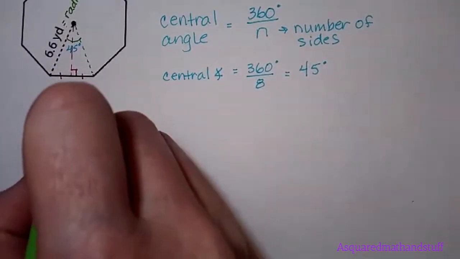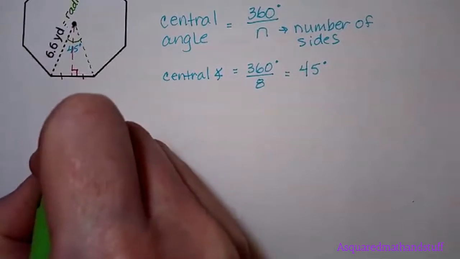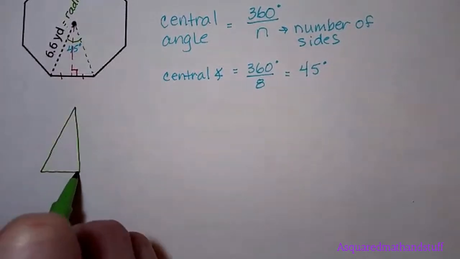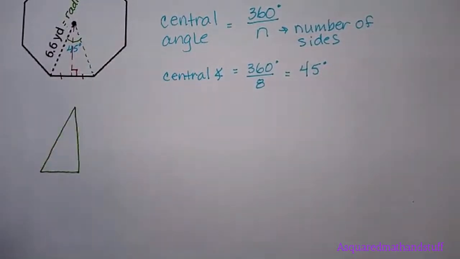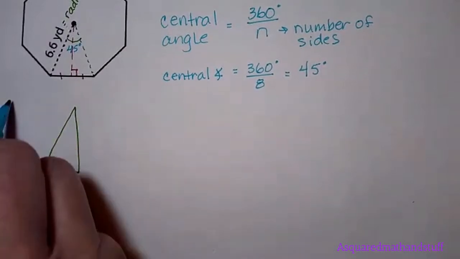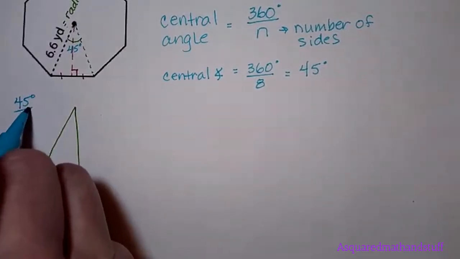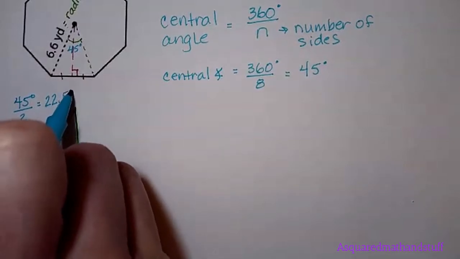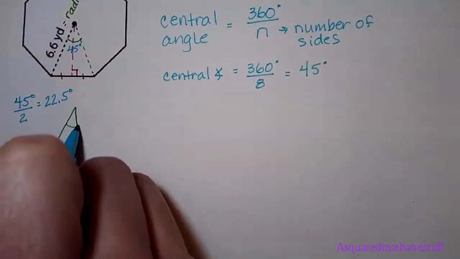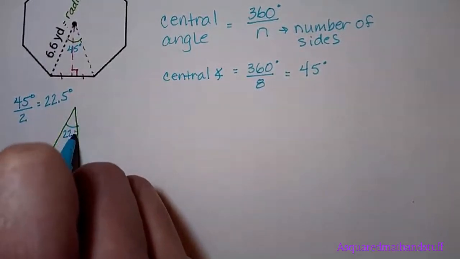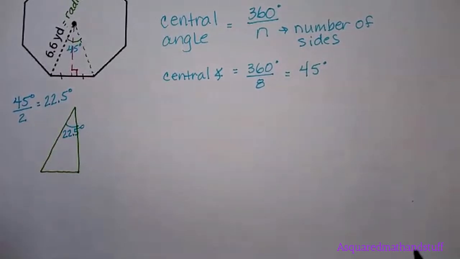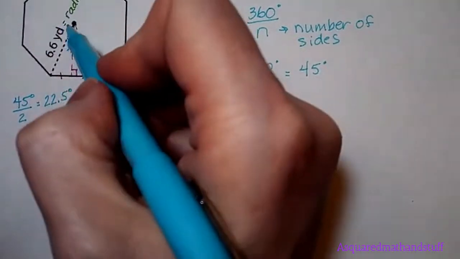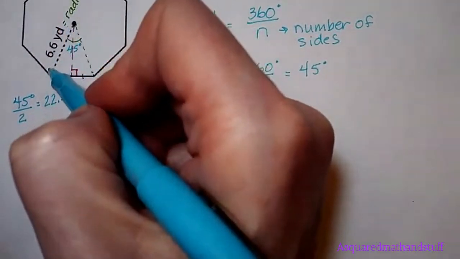I'm going to draw the left-hand side of it. If I take 45 degrees and divide that by 2, we end up with 22.5 degrees. That means we're working with 22.5 degrees right here. We know the radius was 6.6 yards.